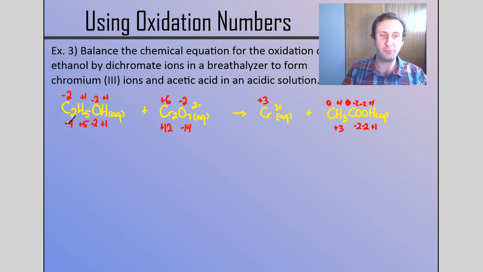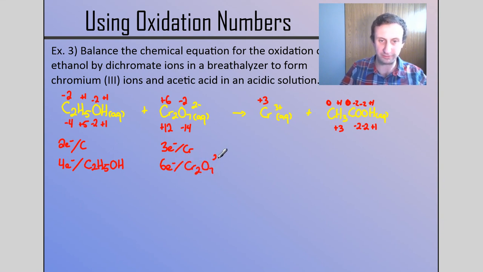All right, so what do we have? Well, we have -2 going to 0 for carbon, so 2 electrons being transferred per carbon, but I need to look at the full reactant, which is 4 electrons per C2H5OH aqueous. And then I have from 6 to 3 for chromium, so I have 3 electrons per chromium, but then I have 6 electrons for the dichromate Cr2O7 2-.